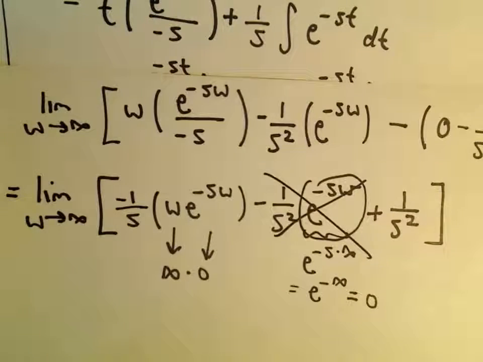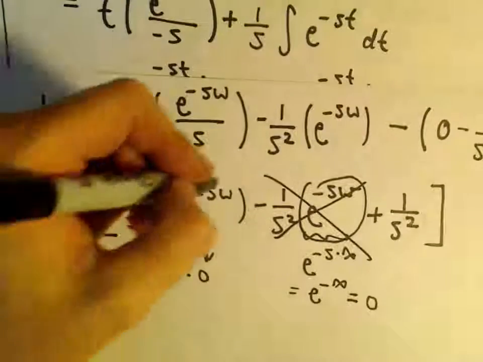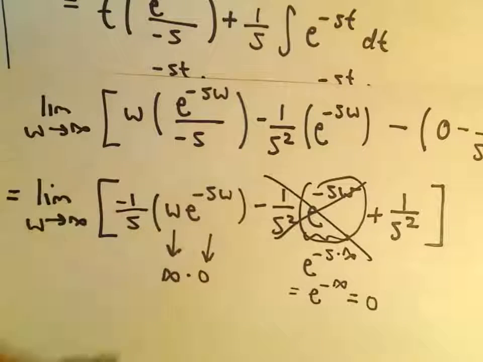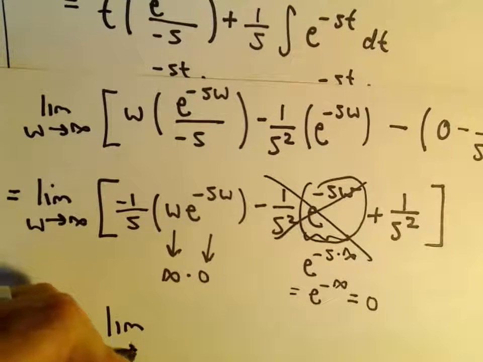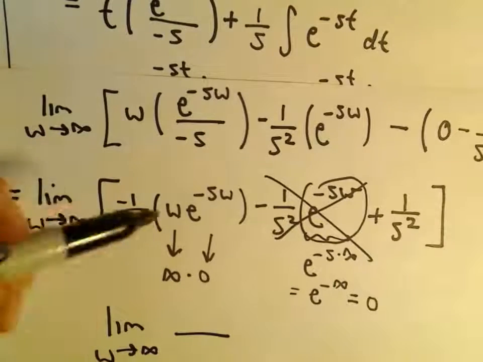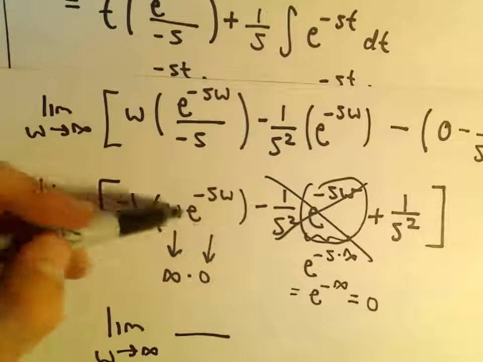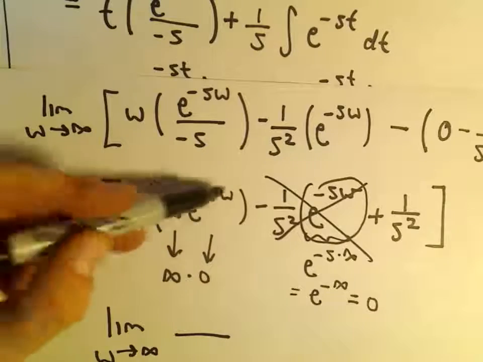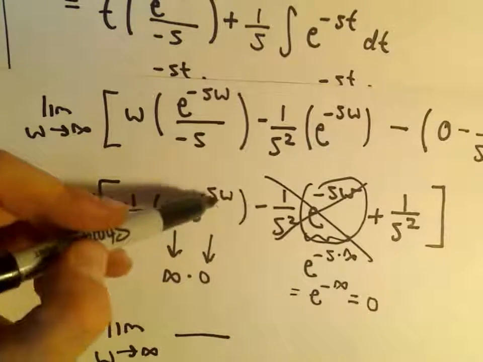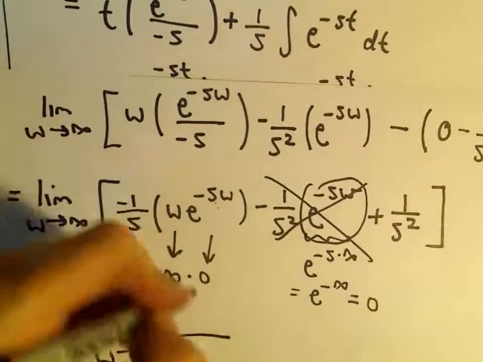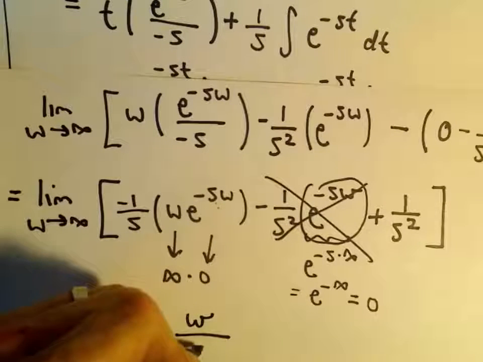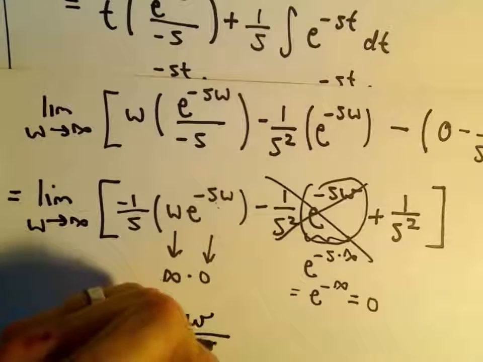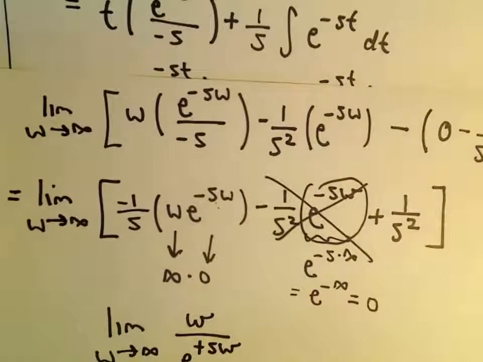Now the only thing I'm trying to think about is, what happens to w e to the negative sw? Again, if you want to, you could use L'Hopital's rule on this. Remember, when you have an indeterminate product, we basically put one of the factors in the denominator, but we have to change the sign on the exponent. I'm going to leave the w in the numerator, and it'll become e to the positive s times w.